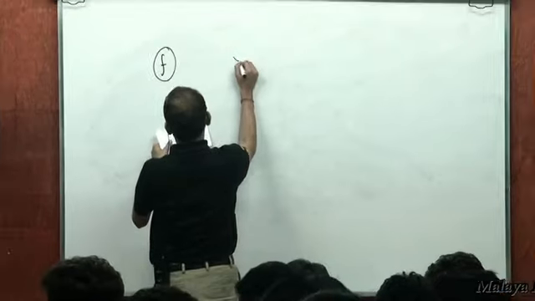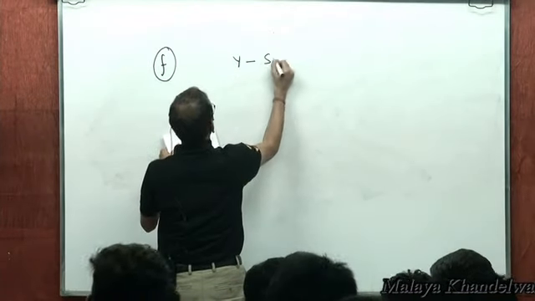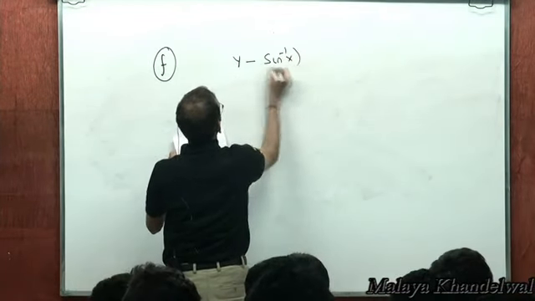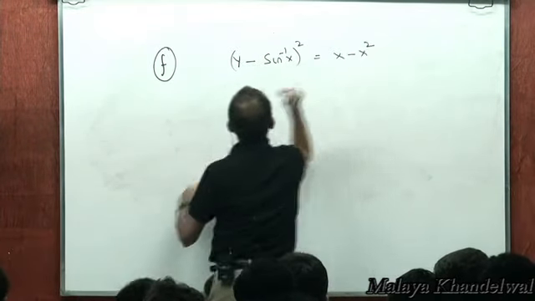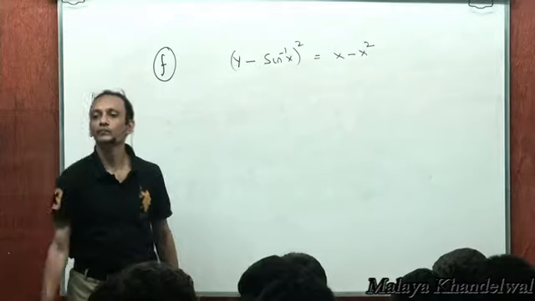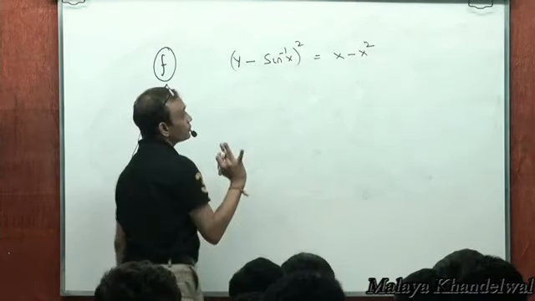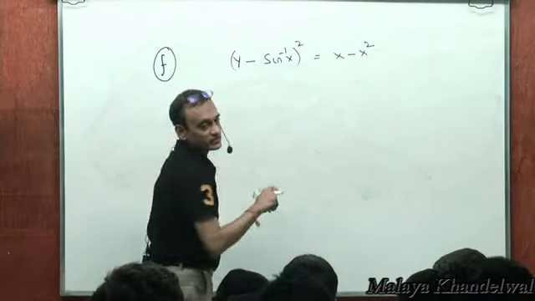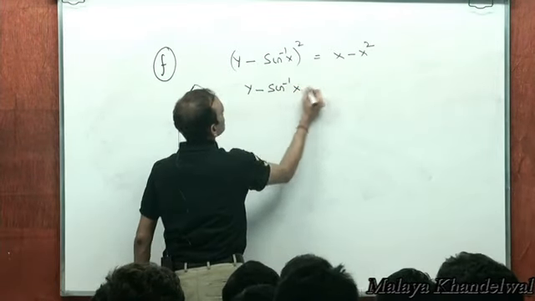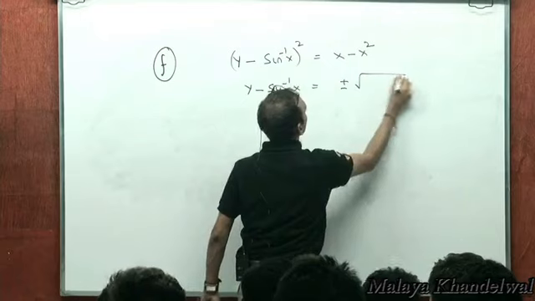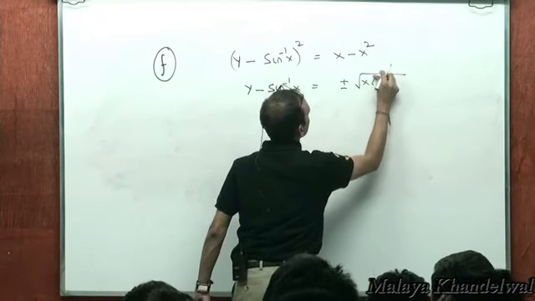Find the area enclosed by (y minus sine inverse x) whole squared equal to x minus x squared. So essentially, it's two curves, because this is like y minus sine inverse x is plus minus root x into 1 minus x.